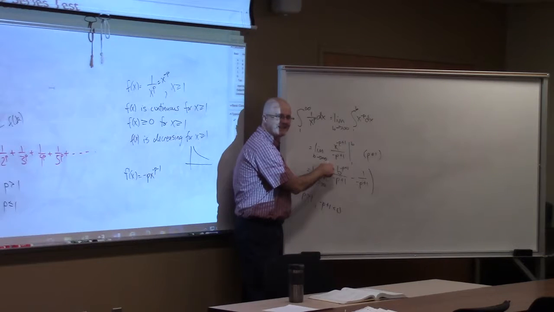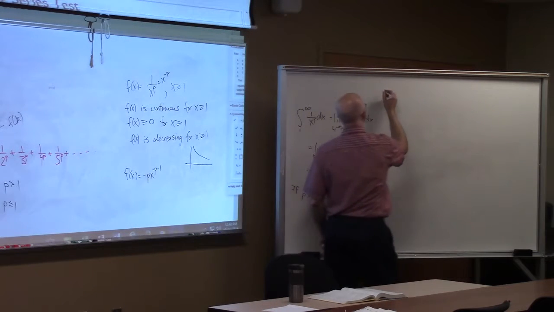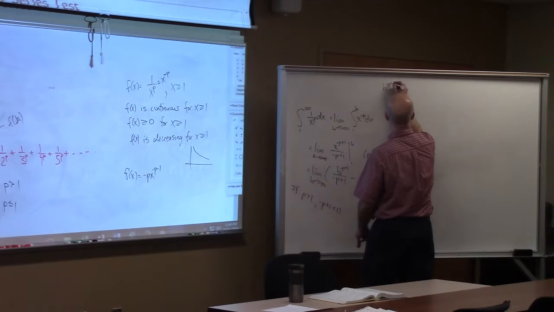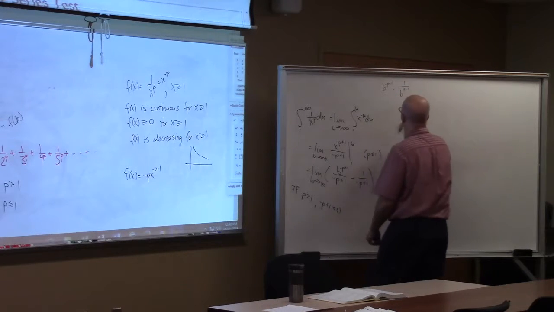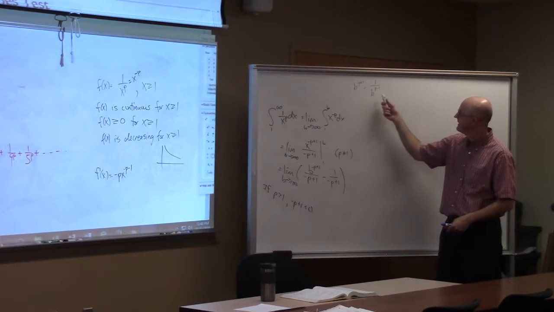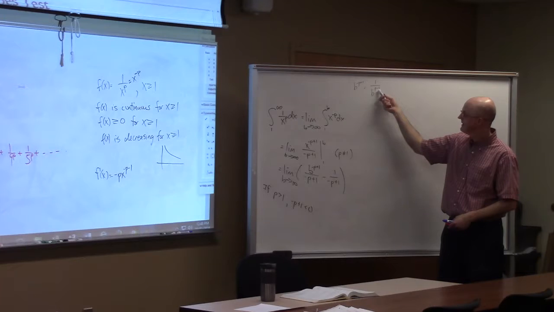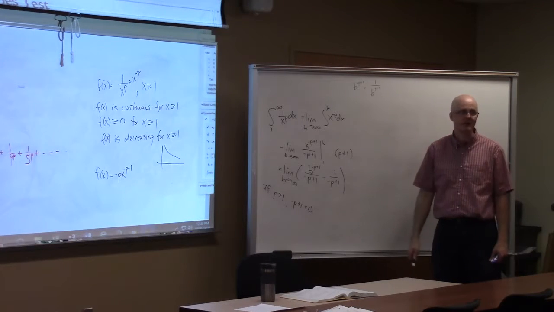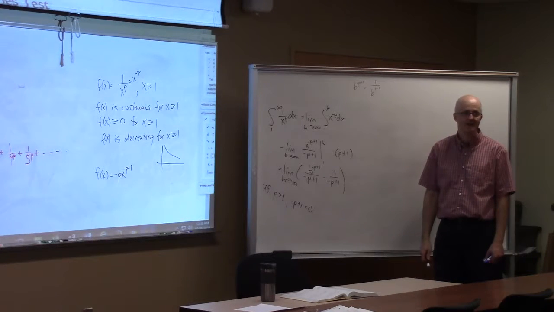Therefore, this would be better thought of as being in the denominator with the corresponding positive power. B to the negative p plus 1 is the same as 1 over b to the positive p minus 1 power. And if p is bigger than 1, that power is going to be bigger than 0. You're going to get something that goes to 0 as b goes to infinity. The point is, this converges when p is bigger than 1.